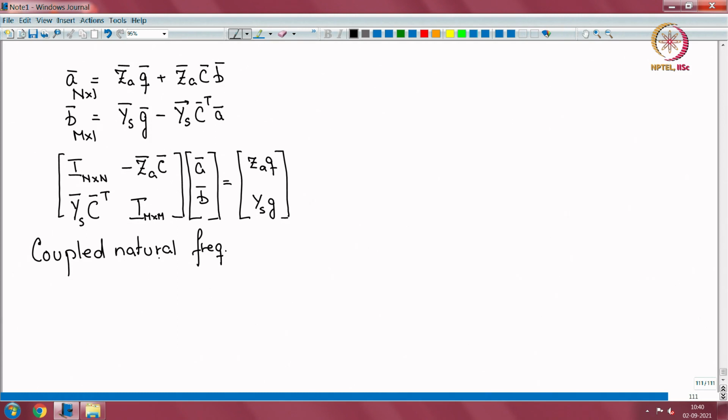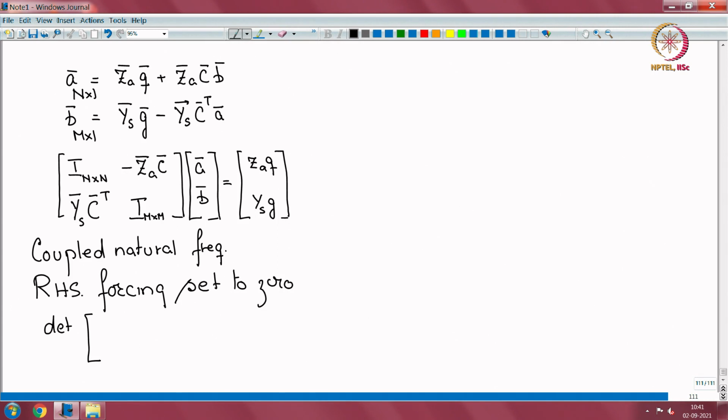So we want the coupled natural frequencies, and the way is we set the forcing to 0, the right side external forcing functions set to 0. Okay, and we take the determinant of the remaining matrix.